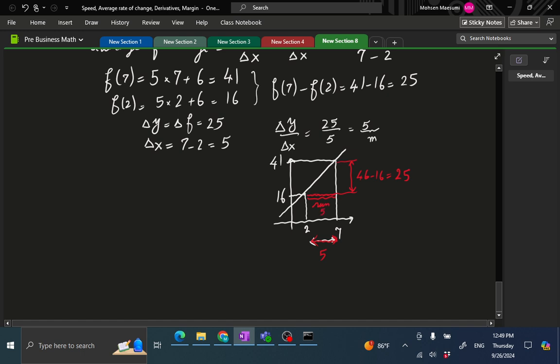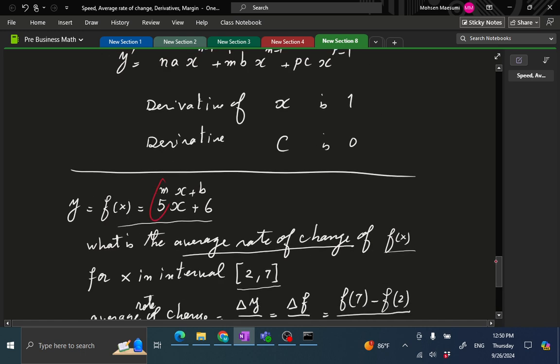Our run is 5. And we call this one rise. Rise is 25. Ratio of rise to run, well, what's that going to be? Well, that's 25 over 5. What is the rise to run for a line? The rise to run is always the slope.